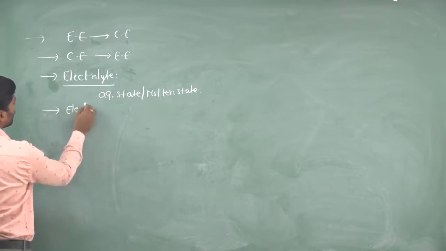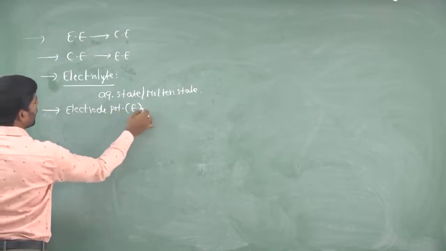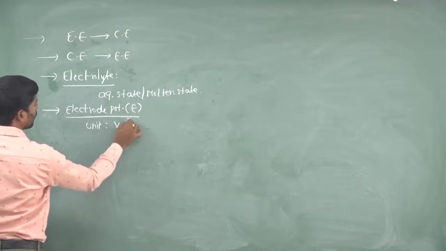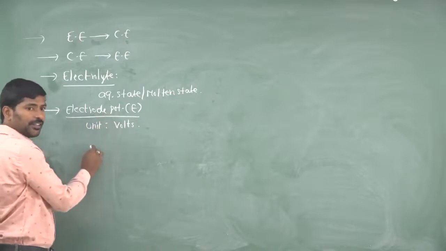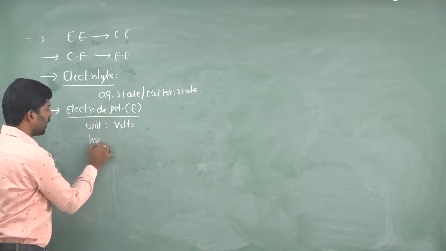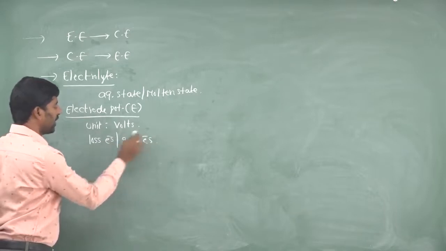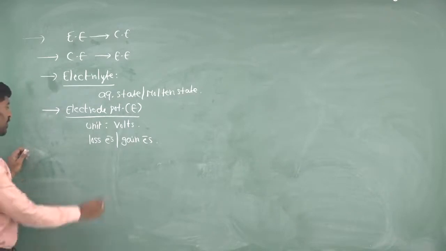Next one, electrode potential. Electrode potential is indicated with E. What is the unit? Volts. What is electrode potential? The tendency to lose electrons or gain electrons is called electrode potential.